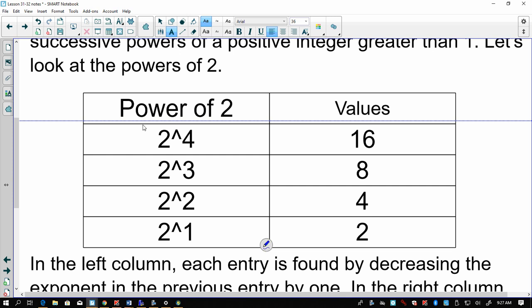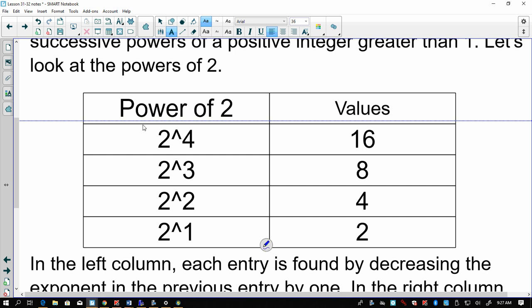Do we see a pattern as we go 4, 3, 2, 1, and we get 16, 8, 4, 2? The numbers are divided by 2, right? So what's 2 divided by 2? 1. So 2 to the 0 should be what? 1, right? As I go down an exponent, I should be dividing by 2.